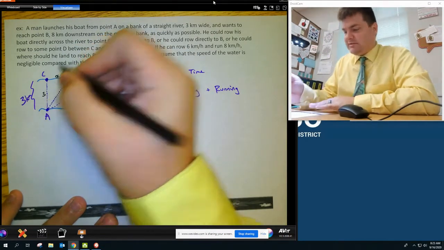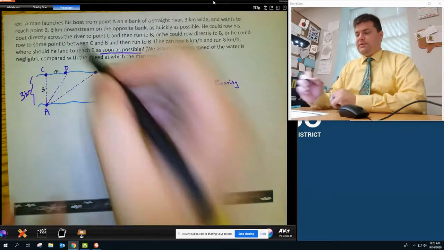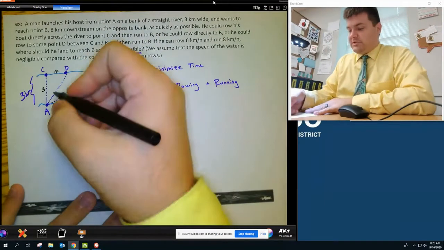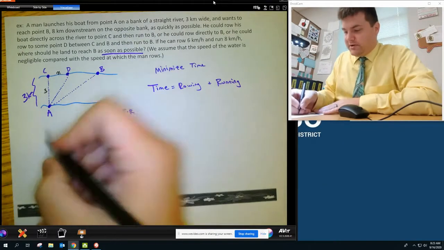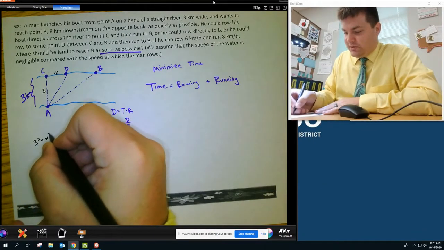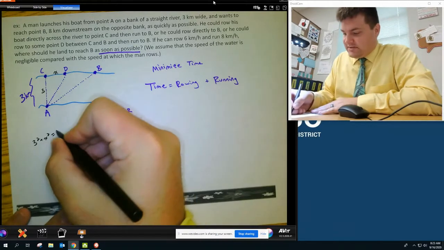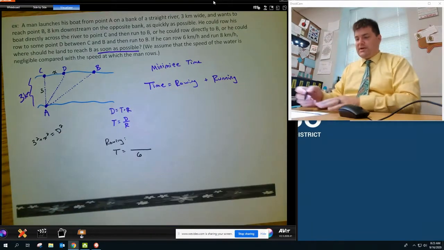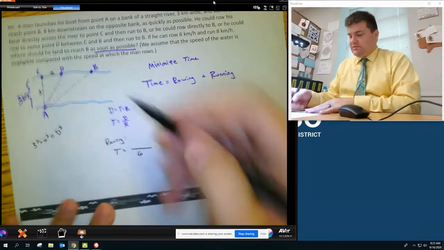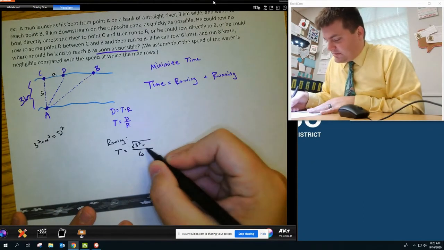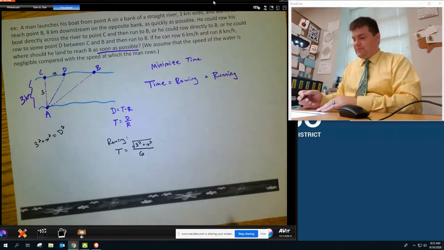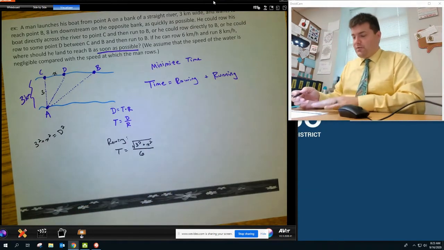So that's x, how far away we go from being perpendicular. So to solve for this, this would just be a squared plus b squared equals c squared. So it's 3 squared plus x squared equals my distance squared, right? That's my distance I'm traveling. So this is going to be the square root of 3 squared plus x squared. So that's my time for rowing.